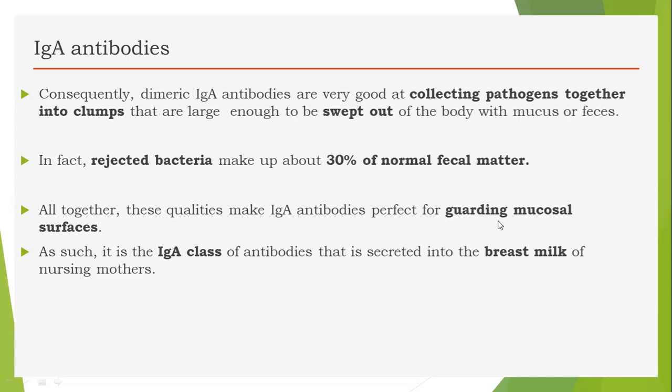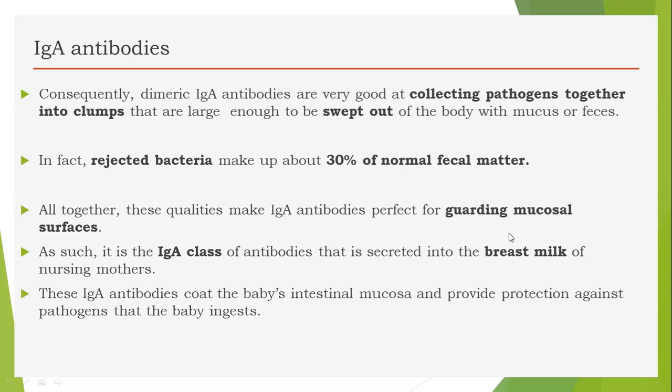Okay, and also quick to note is that immunoglobulin A is secreted in breast milk, so very, very important, and probably due to its structure and function and its location, it's quite significant that it is produced in breast milk. The reason ideally is that the IgA molecules coat the baby's intestinal mucosa and provide protection against pathogens that the baby might ingest.